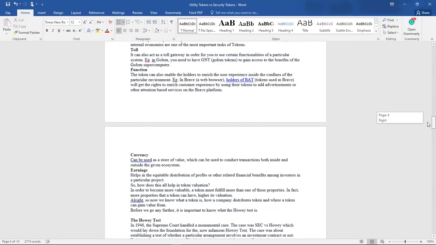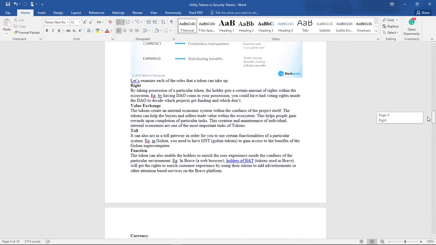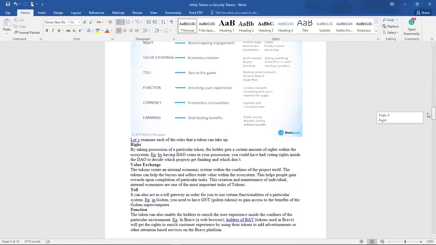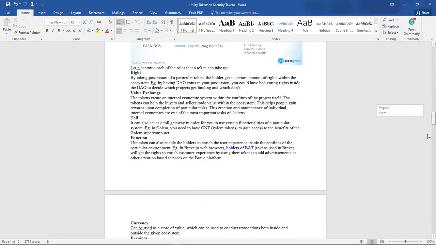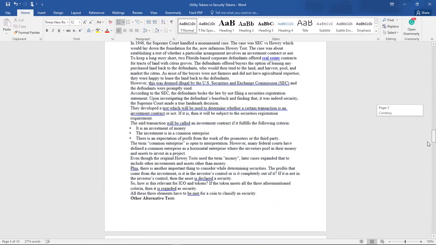Some of these properties can be found in securities too, because rights such as access to voting, governance, or ownership will be part of the right or the role.